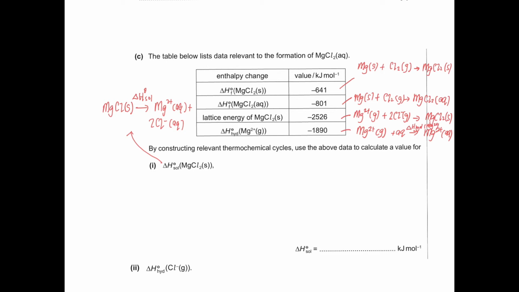Then we have chloride gaseous plus water becoming chloride aqueous, so there is another delta H hydration for chloride. Two separate values. But for delta H solution, it is one value that represents the positive and the negative ions. Be careful with that.